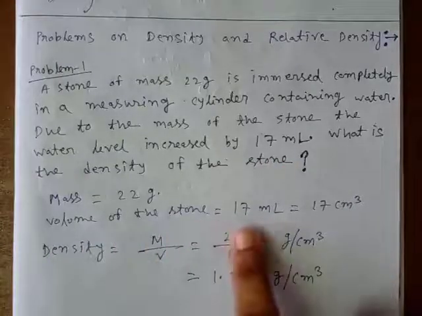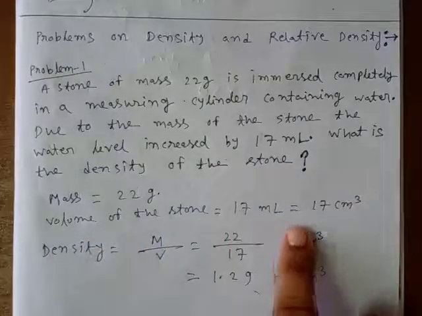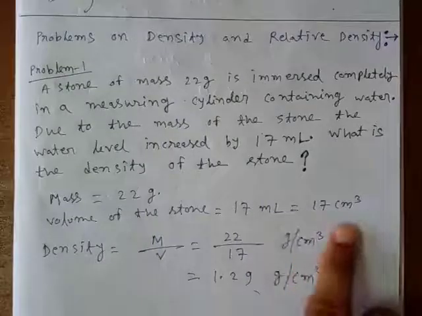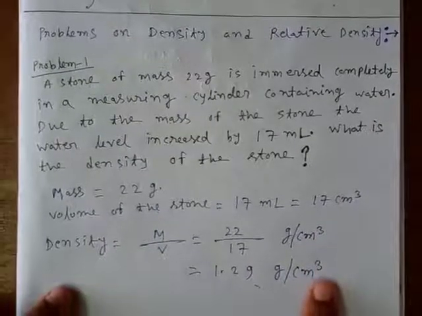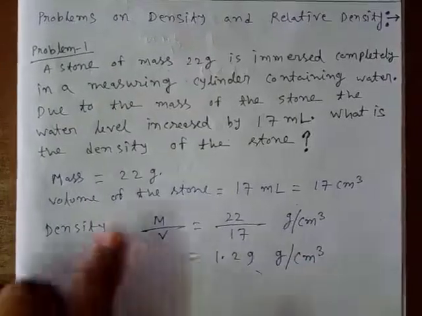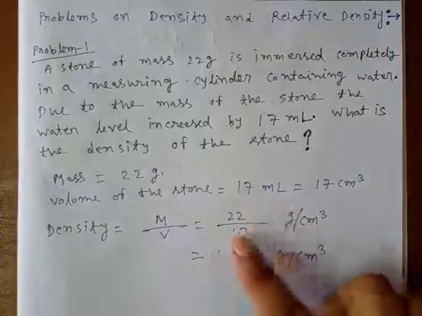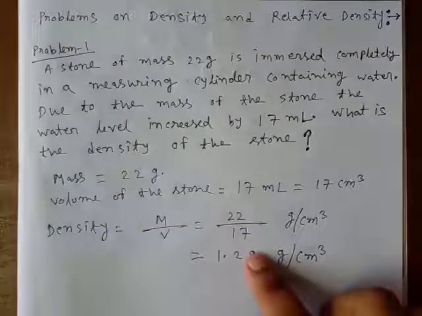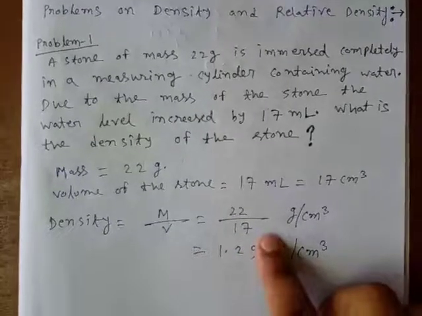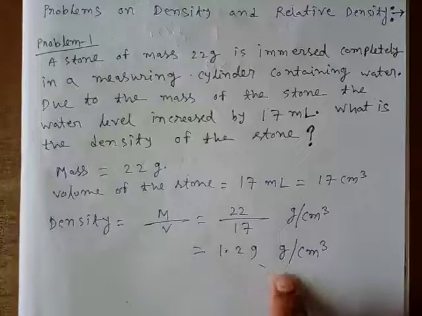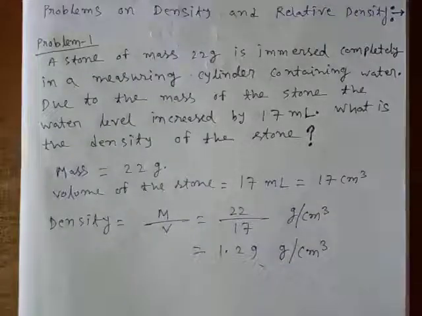So volume of the stone is 17 milliliter, which is equal to 17 centimeter cube. Now the density of the stone is given by mass divided by volume. That means 22 gram divided by 17 centimeter cube. So it will come 1.29 gram per centimeter cube.